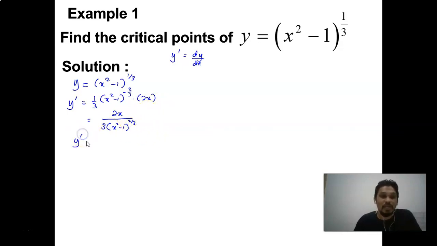Let's make y prime equal to 0: 2x divided by 3(x squared minus 1) to the power of 2/3 equals 0.